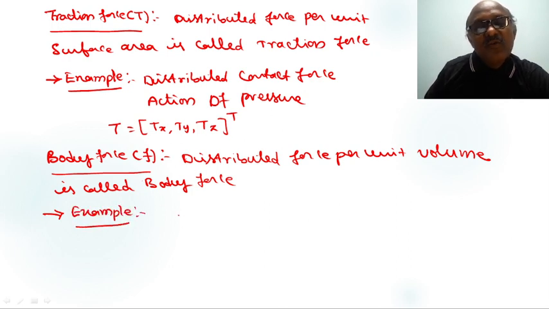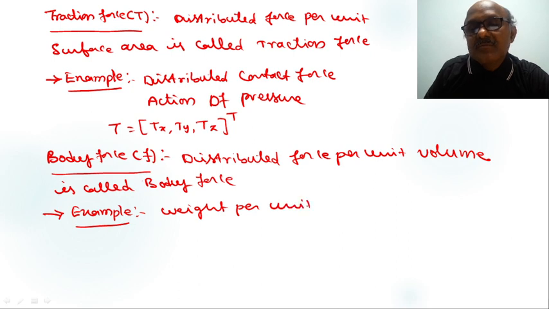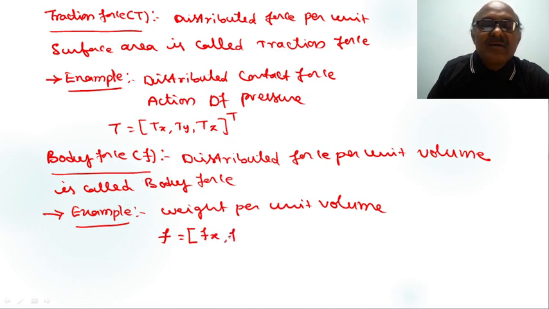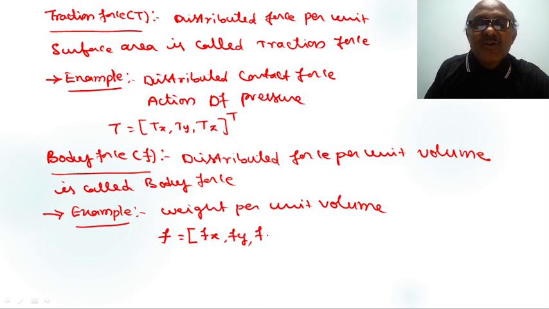Example for this body force is weight per unit volume. The body force is represented by the letter F. So the components of body force are given by Fx, Fy, Fz whole power transpose: body force in x direction Fx, body force in y direction Fy, body force in z direction Fz.